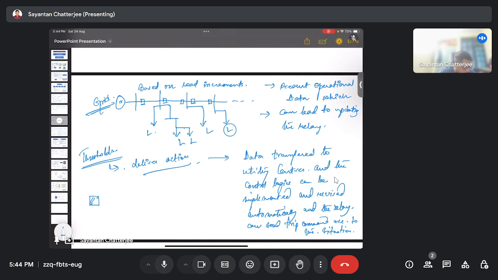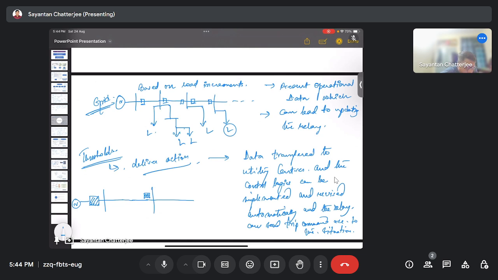Another problem is that in the programming we also need to take care of protection schemes which are based on two layers. Suppose we have a grid here, and we have another relay placed here which is actuating a circuit breaker.